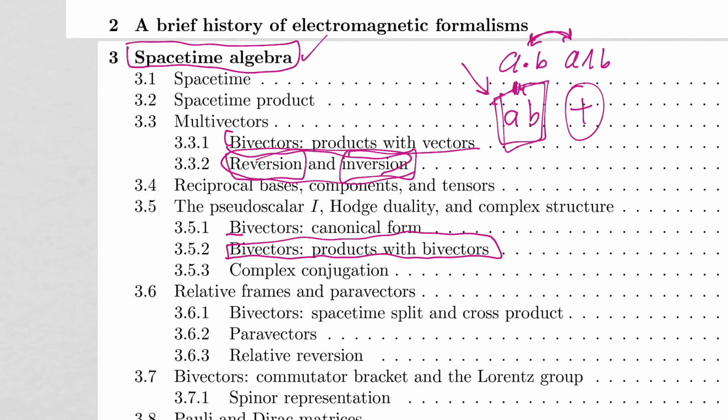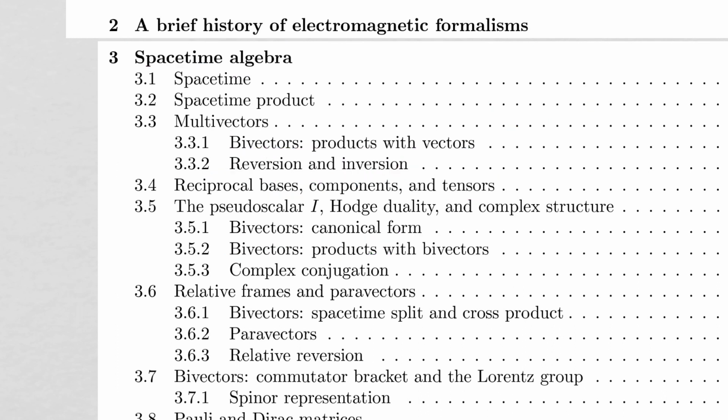Then what do they do next? It's worth our while to look at how we are now prepared. We understand enough that we can look ahead and see how this paper is organized. So let's spend a quick moment doing that. Reciprocal bases, components, and tensors: they're going to make contact with your standard tensor calculus or tensor analysis or tensor algebra, the theory of tensors.